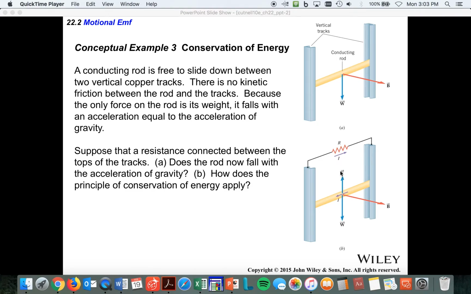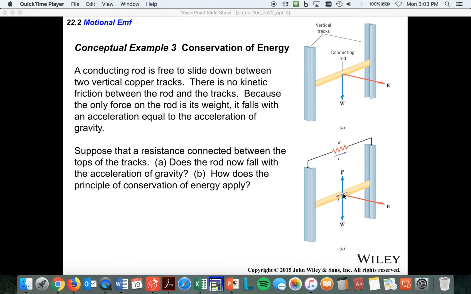In other words, this thing's falling, but there's a force now going up this way because the current's going this way, and it feels that force.